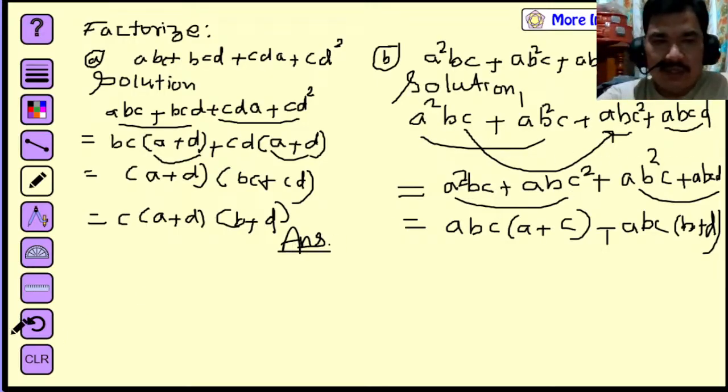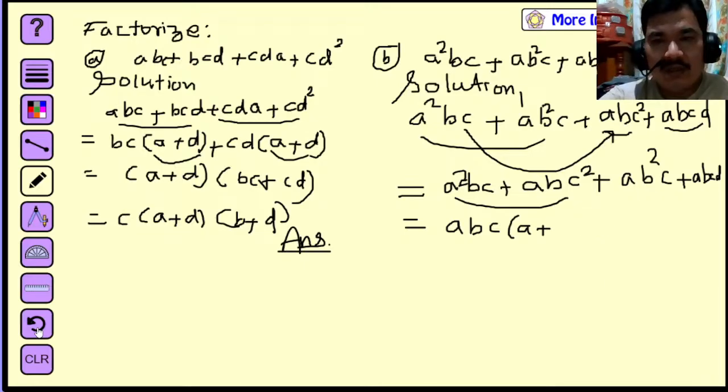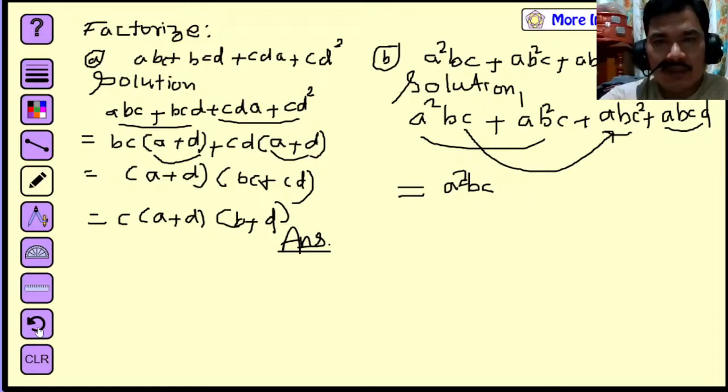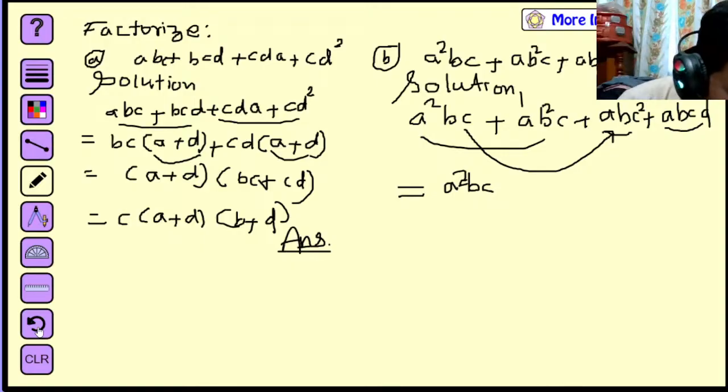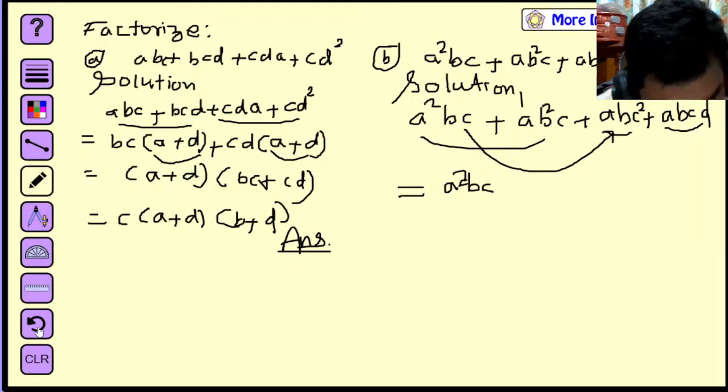That's why let's see another way. Let's make the grouping another way now. In this question, one is A square BC, one is AB square C, one is ABC square plus, and one is ABCD.